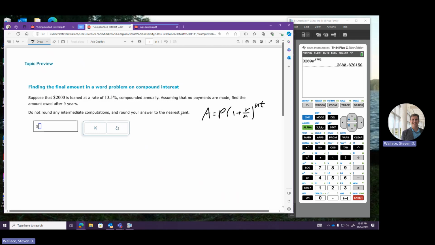And each problem will be a little different, right? Here, compounded annually means that N is 1. If it said semi-annually, then N would be 2. Quarterly, N would be 4, and so on. Monthly, 12. You get it. But bottom line is, this is another one of these where we have to just plug into the formula. It's really an easy one.